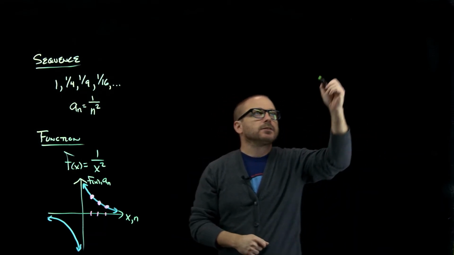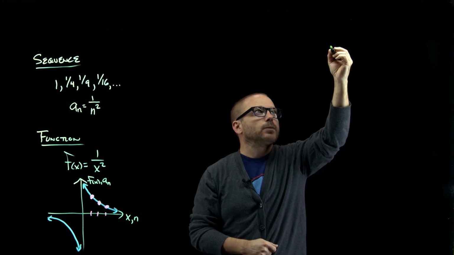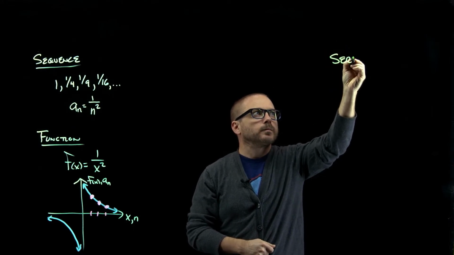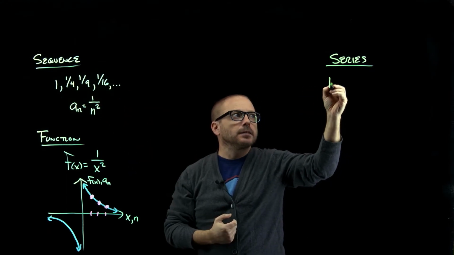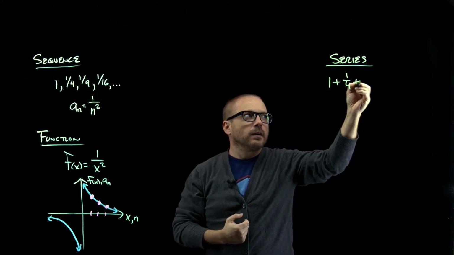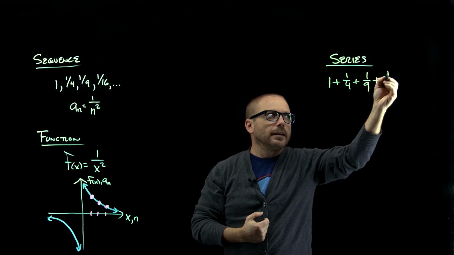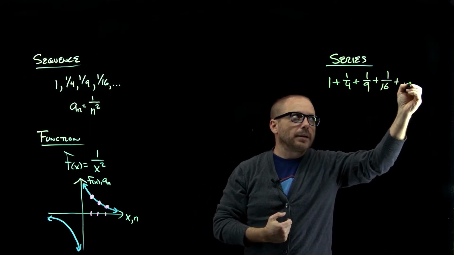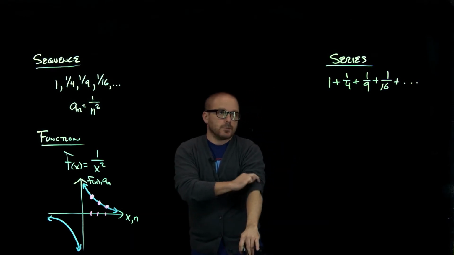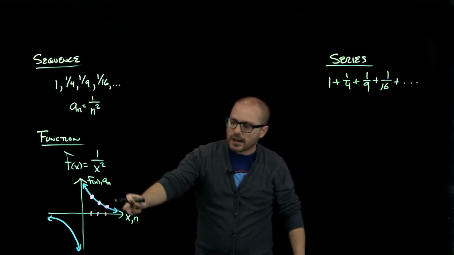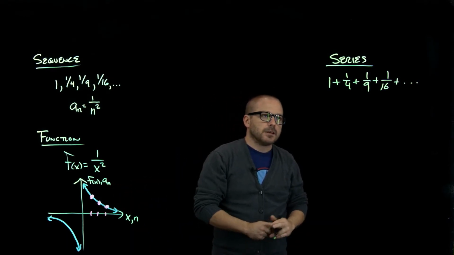A series you can think of as just the sum of a sequence. So instead of just a list of numbers, it is summing them up. And it's an infinite sum, right? We're going to be adding up all the dots, if you like, on that curve.